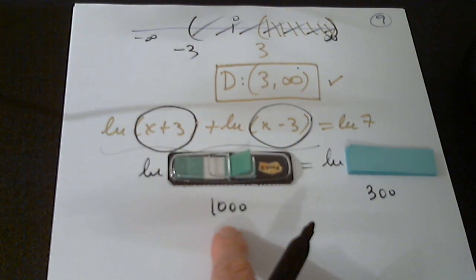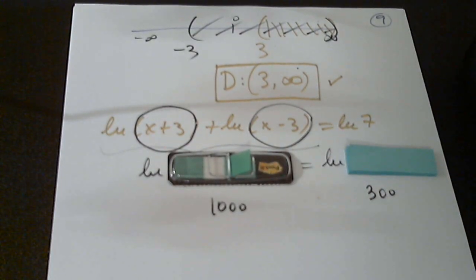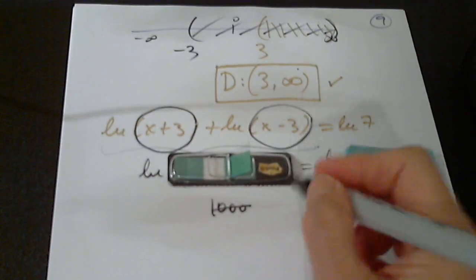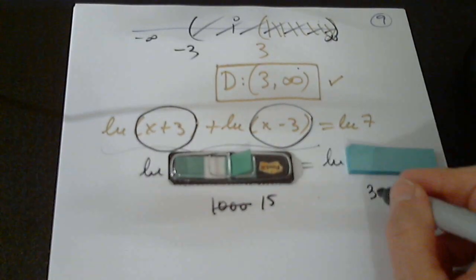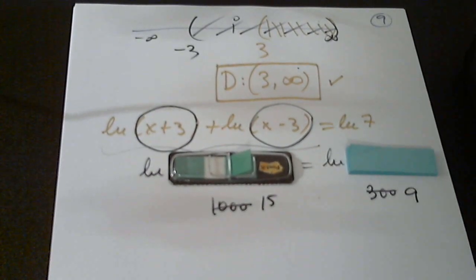Will natural log of 1,000 equal natural log of 300? Is it possible? No. Do you think I can have here 15 and here 9? Will that be possible?